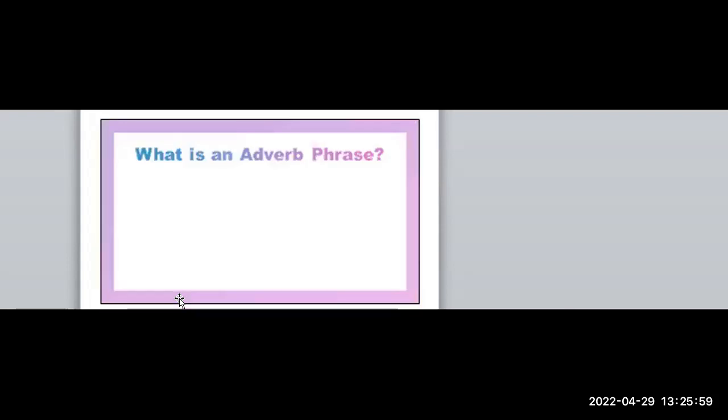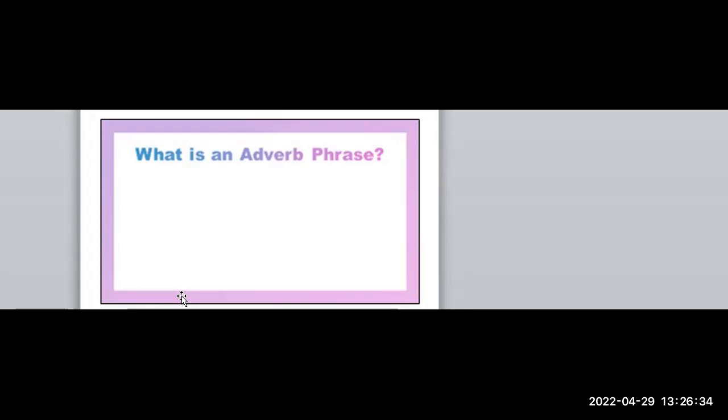First of all, what is an adverb phrase? An adverb phrase, or an adverbial phrase, if you like, is a group of words that does the work of an adverb in a sentence. You know that an adverb is a single word that modifies a verb, an adjective, or another adverb. So whenever you have a group of two or more words doing the work of an adverb, that is an adverb phrase, all right?